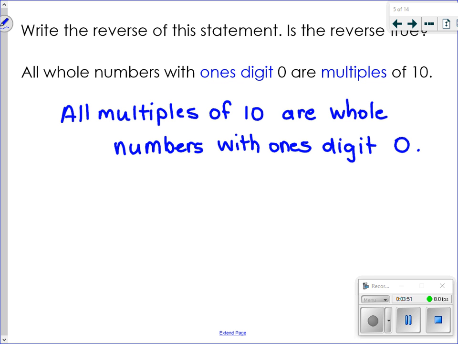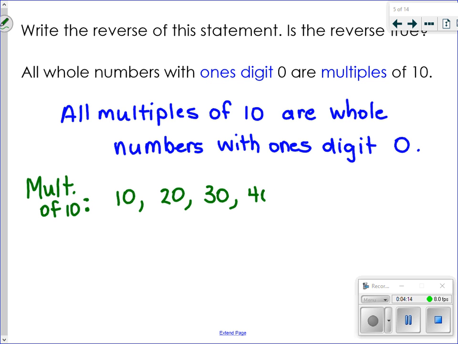Are all multiples of 10 whole numbers with ones digit 0? Well, let's list multiples of 10. Remember, when you're listing multiples, you're just skip counting by tens, right? So the first one would be 10. That's 10 times 1, 10 times 2, 20, 10 times 3, 30, 10 times 4, 40, 10 times 5, 50, 10 times 6, 60, 10 times 7, 70, and on it goes.